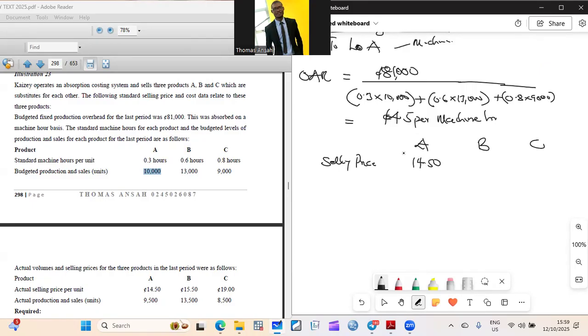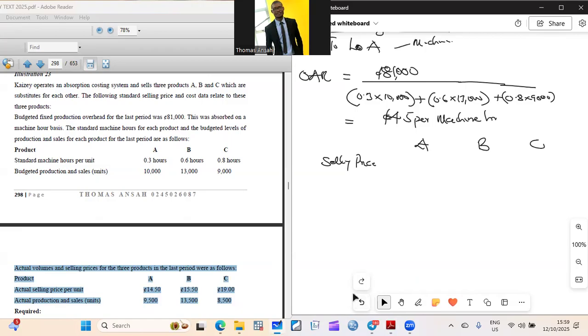B, 15.50. But what are the budgeted ones? Because we actually use the budget one to determine the standard margin. The ones you are giving me are actual, and I want the budgeted one, because we are not using actual margin.